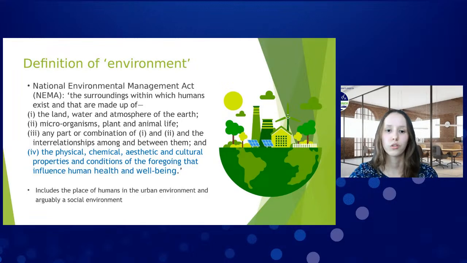But it also, very importantly, includes the physical, chemical, aesthetic, and cultural properties and conditions of these items that I just now listed that influence human health and well-being. Those are kind of key terms, the human health and well-being part of the definition of environment, specifically in environmental law or in the NEMA Act, which governs environmental law in South Africa.